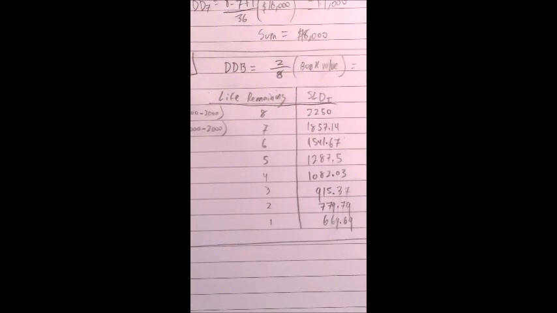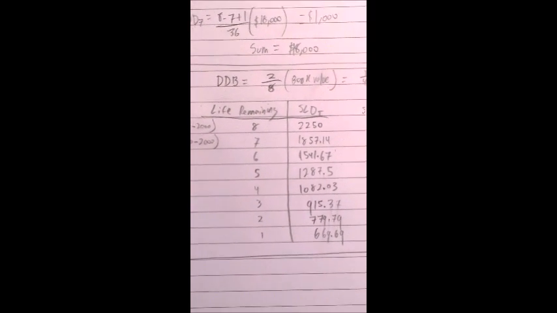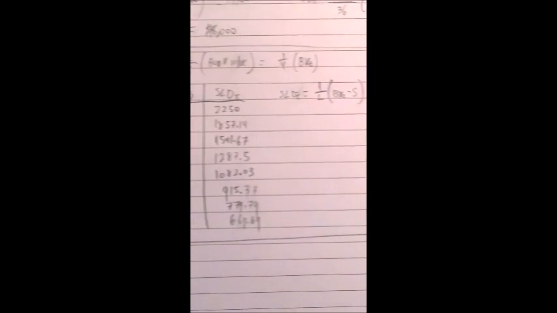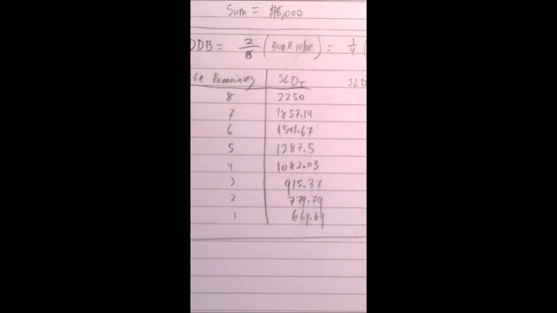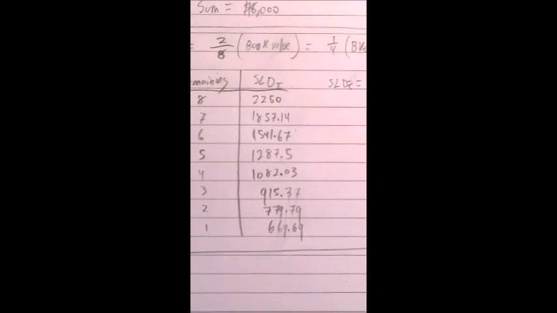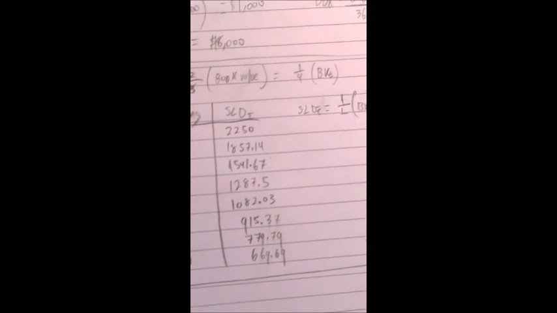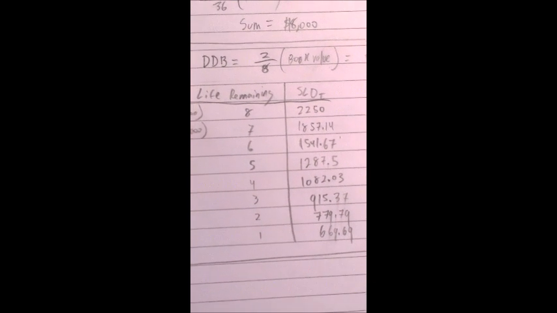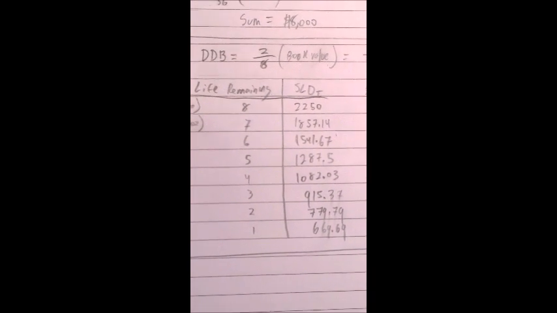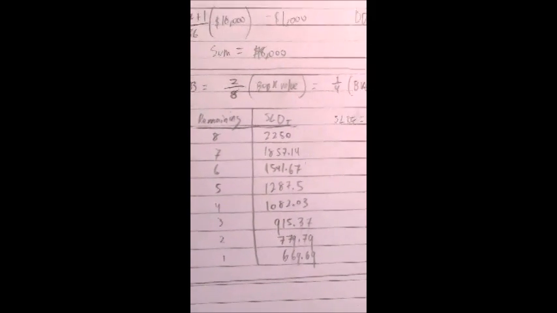So this is your BV sub T, and there's 15,000 for year 2, which means that you use 15,000 in the equation to get 1857.14, and then you do the same thing, 1 over 6 times whatever value you have over here, 11,250 minus 2,000, and you'd get a value, and you'd keep doing that until you get all the way down, and that is your straight line depreciation value that you can compare against the DDB value that you calculated. So that's called with switch to SL. Basically, that's what that's asking for.